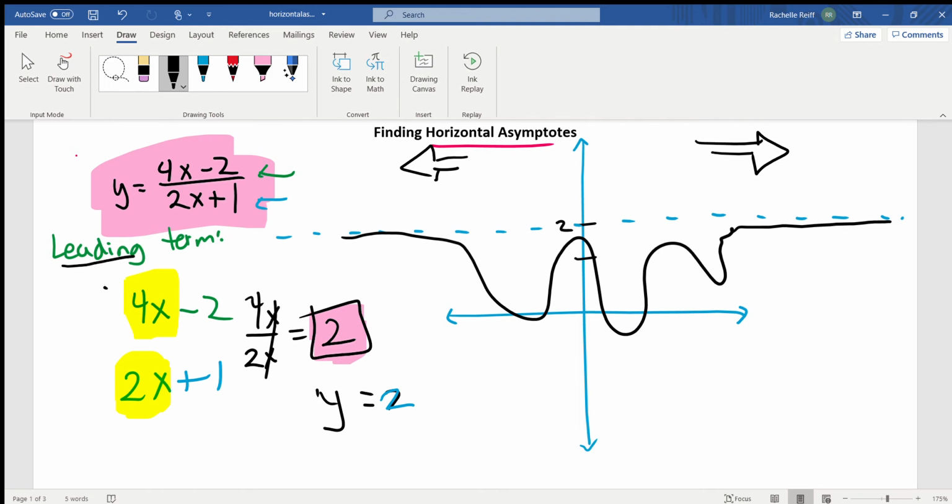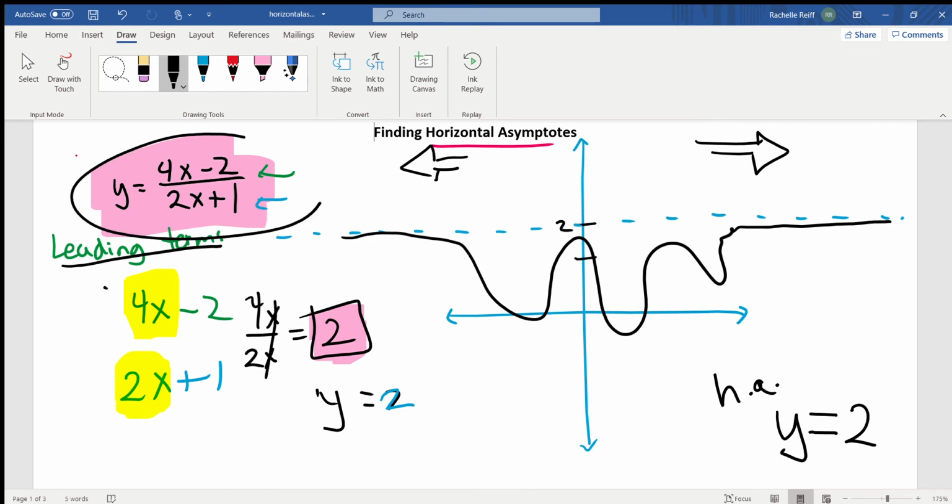So we used our leading term to create a horizontal asymptote. My horizontal asymptote here is y is equal to 2, and I got that just by finding the leading term of this function over here.